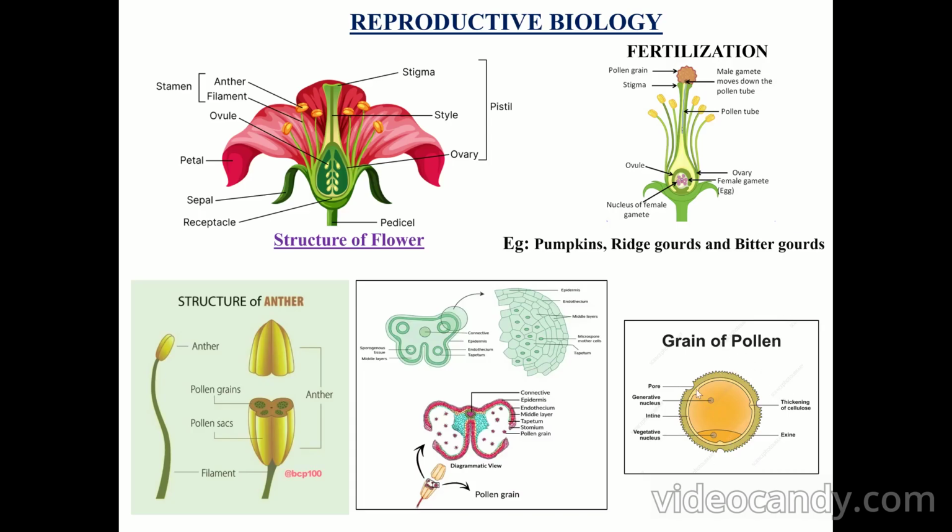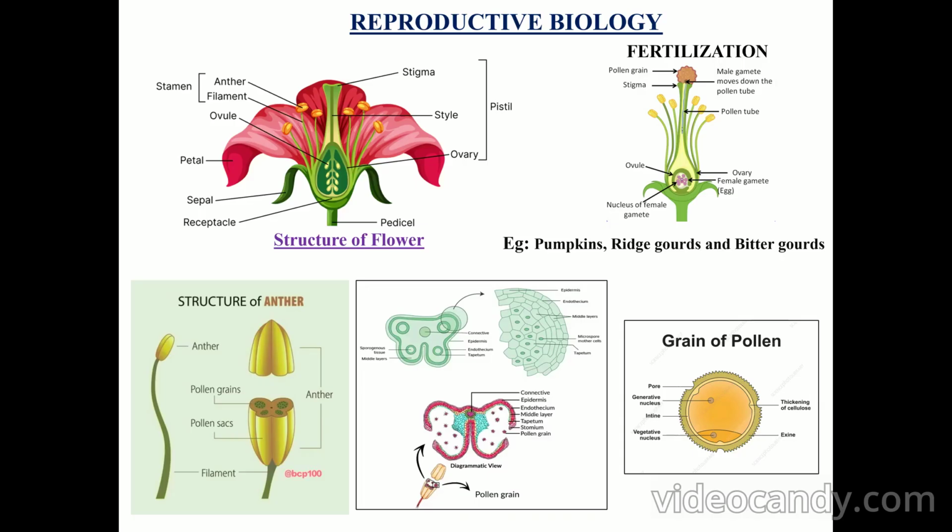It has the outermost layer called the exine, which has some kinds of reticulate patterns. You can see here, this kind of thing is called reticulate, and it is mainly meant for protection.